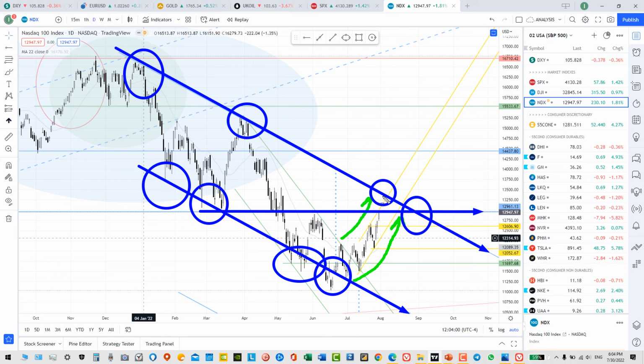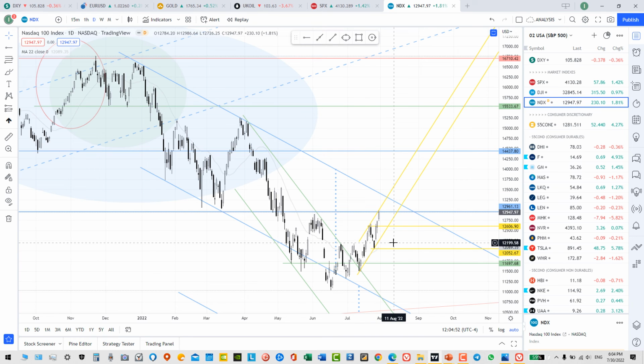The same, the indices are all moving in the same structure, which is a major confirmed and valid long-term downtrend and a short-lived correction against the prevailing trend.